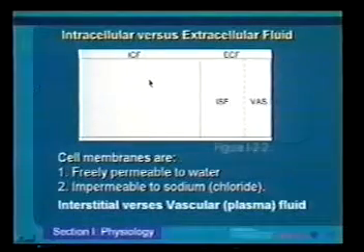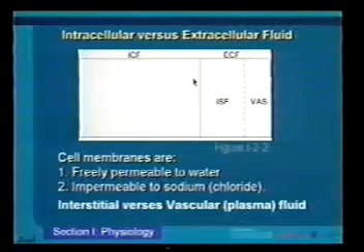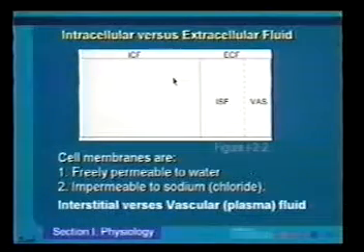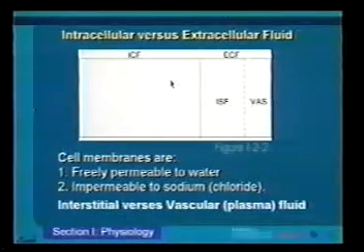Now, if this occurs, you end up with a higher water concentration in this compartment than inside cells. So what happens is the water will flow into cells and the intracellular fluid volume will increase. Now, you should have understood the reasoning there, but again, you have to have the bottom line point at your fingertips. That is, if extracellular osmolarity decreases, your cells swell.